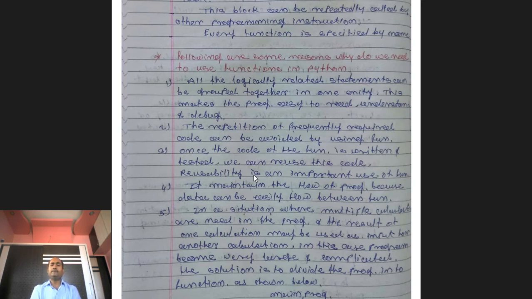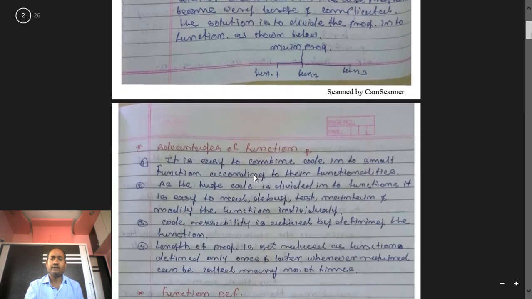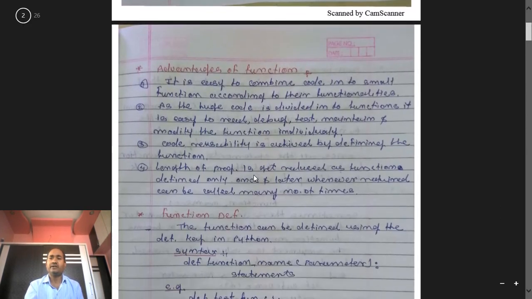But due to the functions used in the program, programs are divided into a number of parts. That means it can reduce the complexity and the largeness of the program. So these are some of the reasons why we use functions in your Python program.